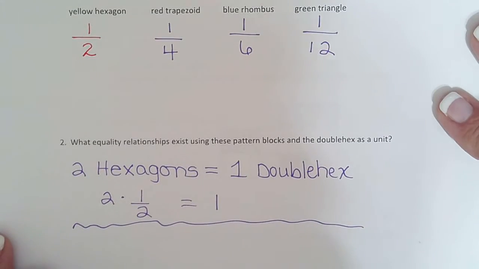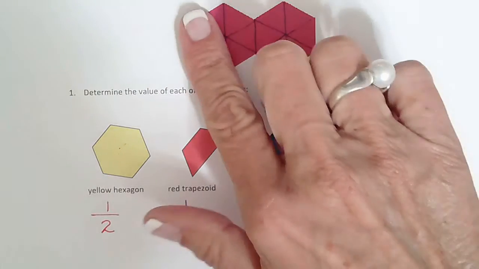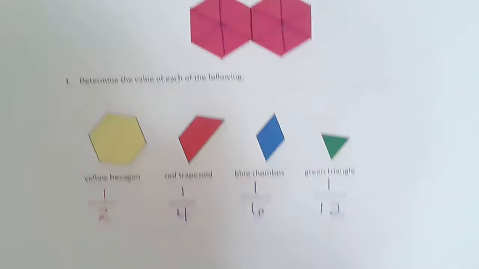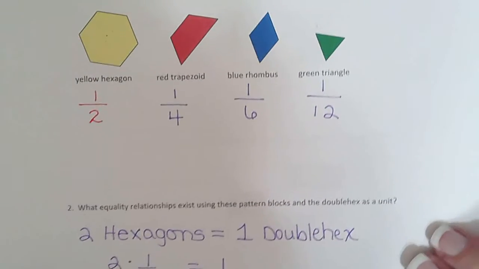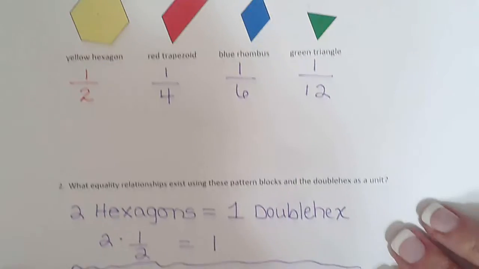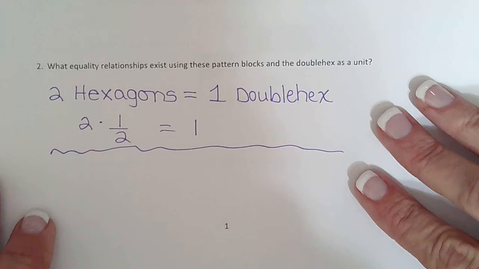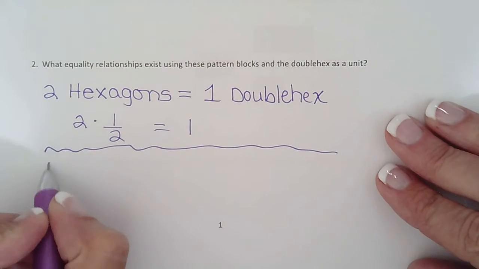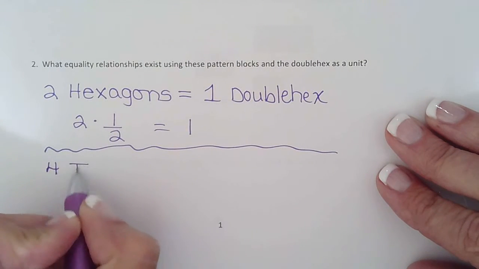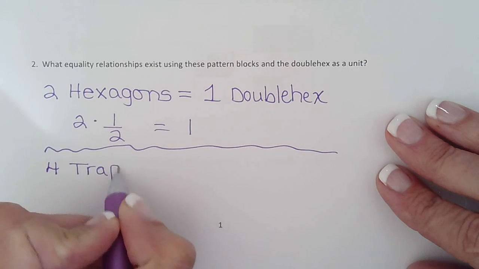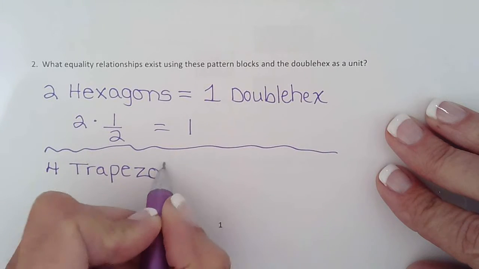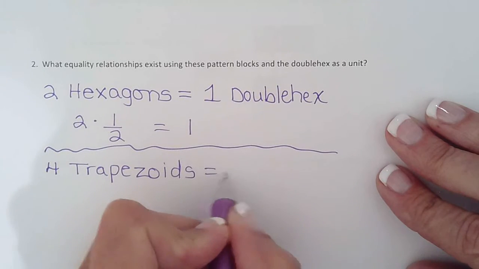So what about the trapezoid? How many trapezoids make a whole? 1, 2, 3, 4. So 4 trapezoids make a whole. Oh, I'm not going to be able to get it all in, but we'll do the best we can. So 4 trapezoids equal 1.